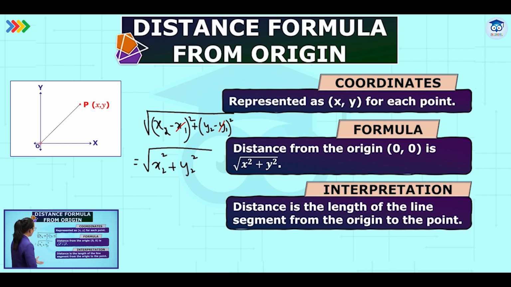So suppose you are finding the distance from (0, 0) to the point (x, y), then we are going to find only this: the square root of x squared plus y squared. Okay. So distance means the length between any two points. So here it means the distance, the line segment between the origin and the given point. Okay.